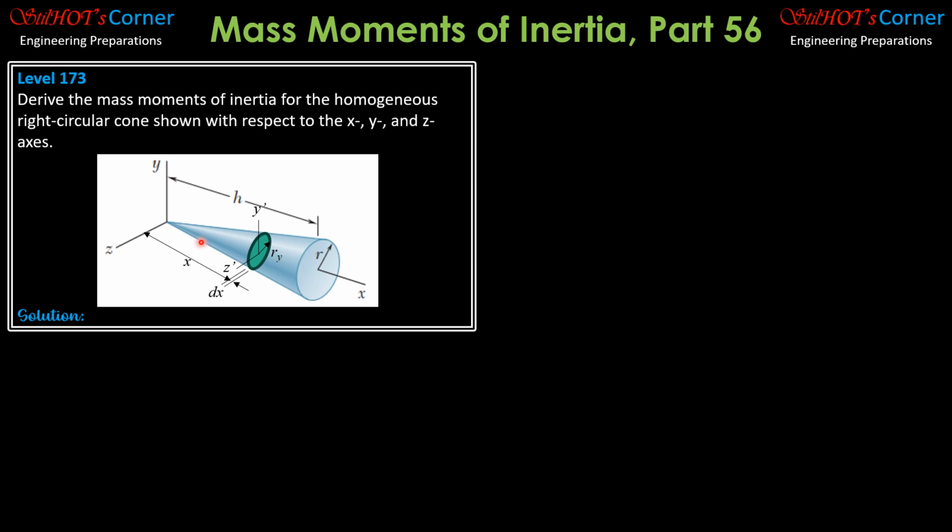Since the x-axis is perpendicular to the plane of this circular plate and through the center of gravity, differential Ix, which is also differential Ix prime, is equal to density times thickness times the polar moment of inertia of area with respect to the x prime axis, or the x-axis in this case. The thickness is dx and the polar moment of inertia of area is simply pi ry to the fourth over 2, because it is the sum of the moments of inertia of area with respect to the y-axis and the z-axis.